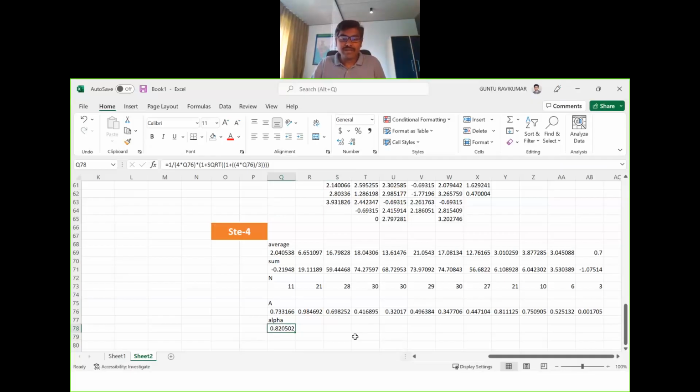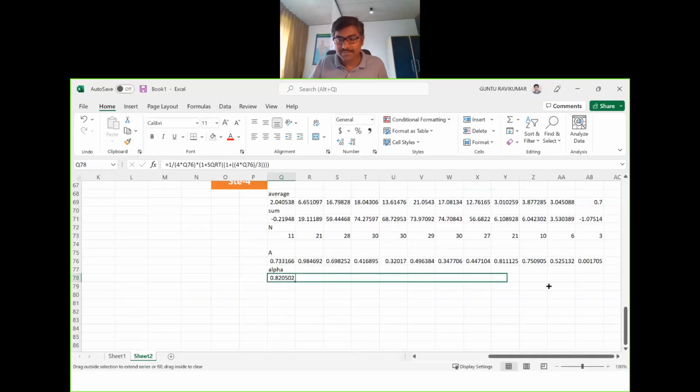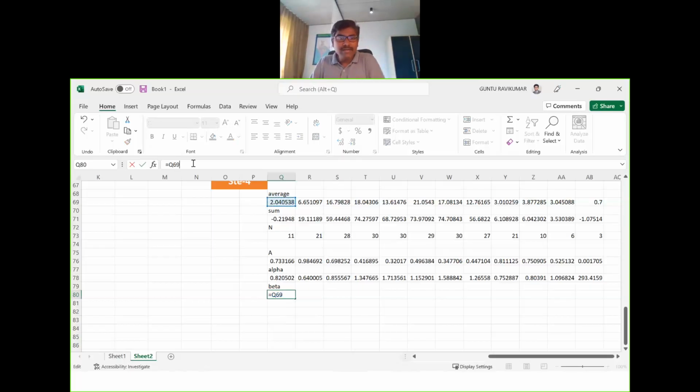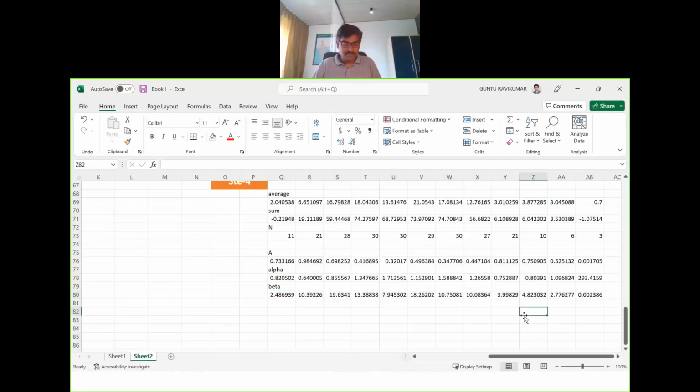So we calculated alpha. Drag it for the rest of the months. Now what's the next step to find beta? Beta is equal to average by alpha. So we got the beta value. Great.